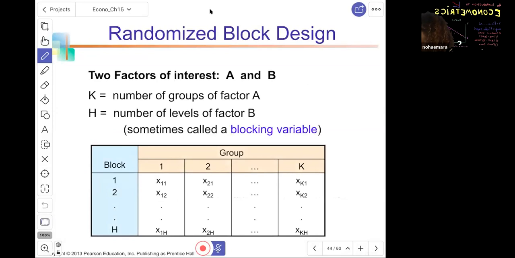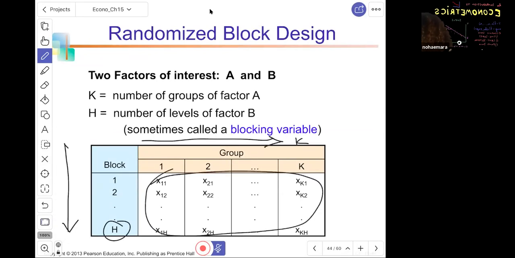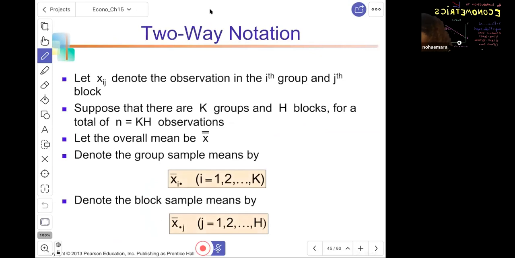Now, as I gave you the simple example, you can be moving horizontally between the K groups or moving vertically for the blocks. The groups are counted by K, the blocks are counted by H. Whatever you see here are all the observations you have. The most challenging thing here is the number of notations.